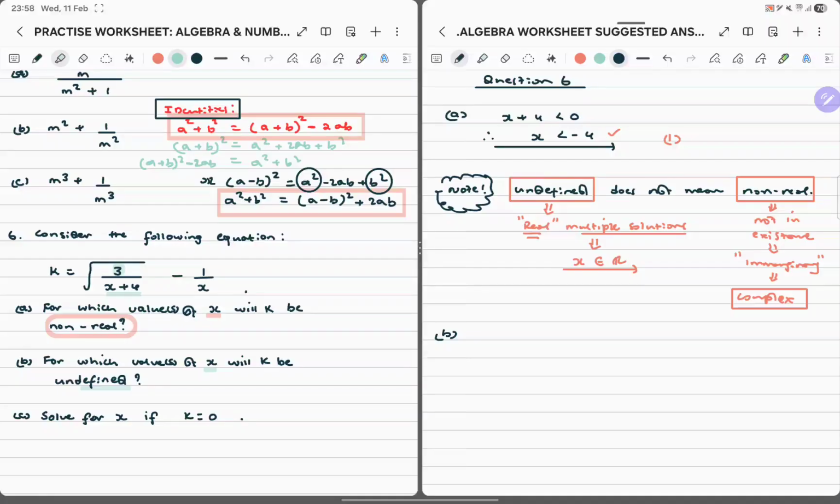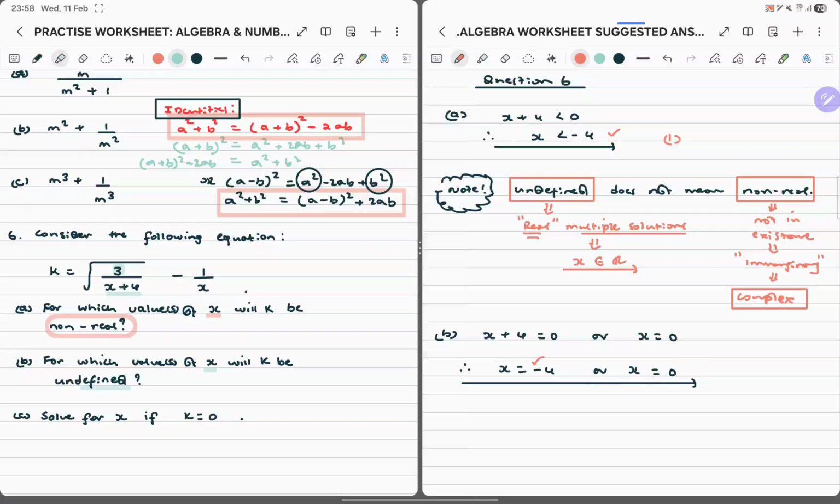So now we've got two conditions for this. It's either when x plus 4 is equal to 0, or when x is equal to 0 for the second one. So we can say, therefore, this happens when x is minus 4 or when x is 0. Good.